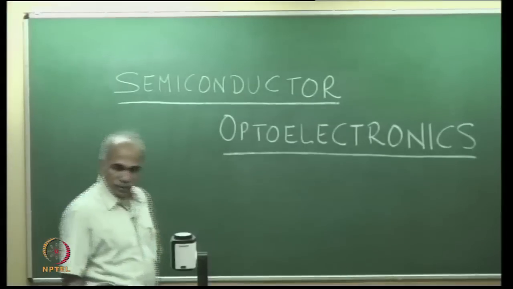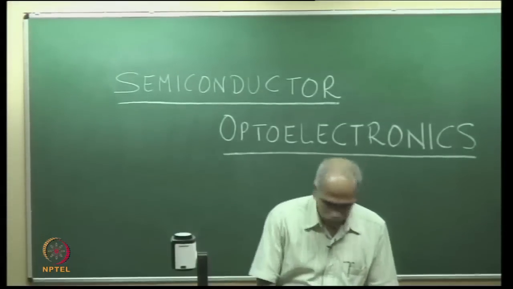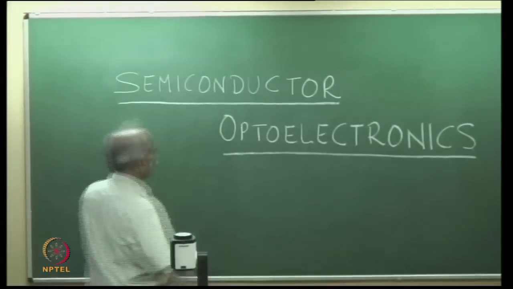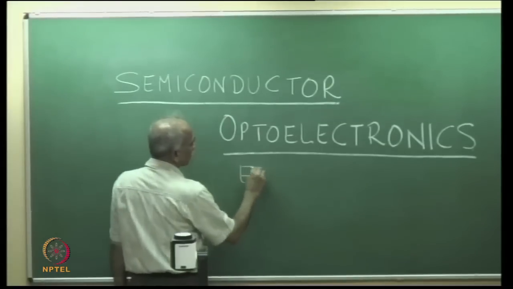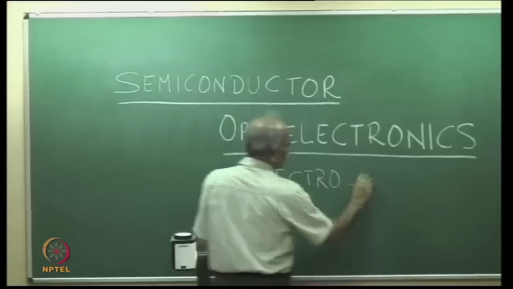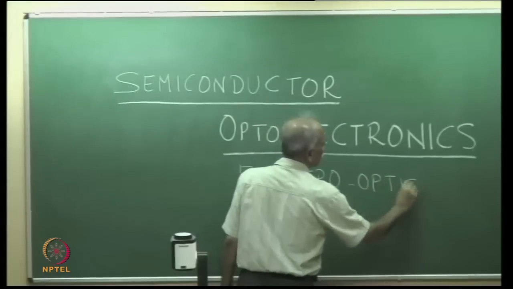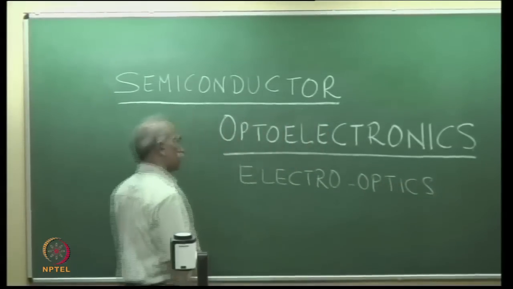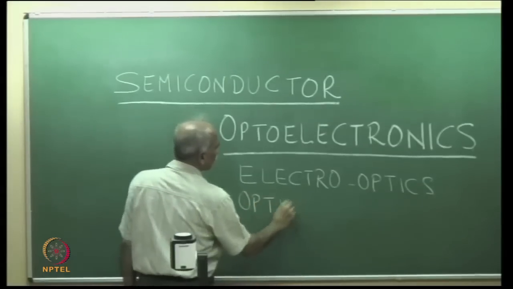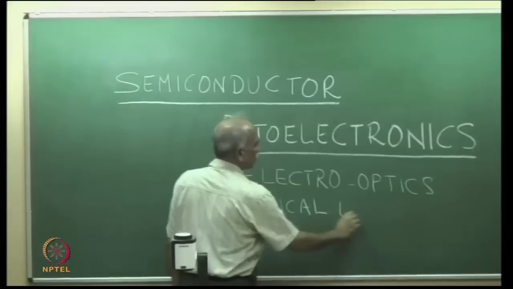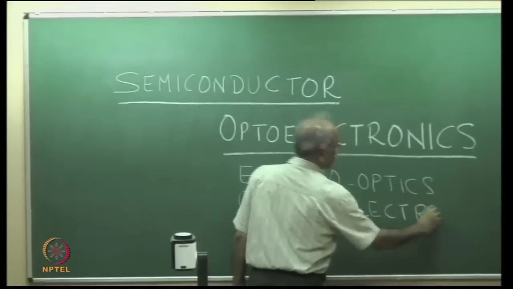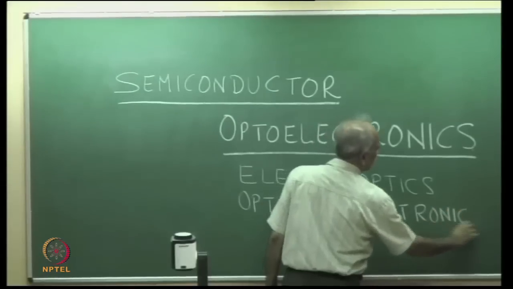There are other terms, some synonyms which look very similar. For example, there is also a term which is electro-optics. Many times people think it is the same. There are also other terms like optical electronics. There are books on optical electronics. So let me try to emphasize the subtle difference.